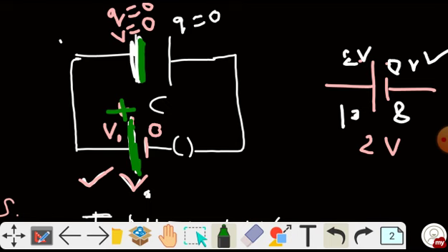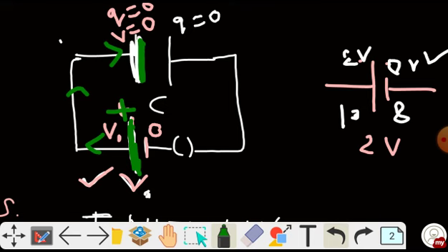That's why charge will flow from this terminal of the battery towards this plate. So now you must have understood why there is a flow of charge, and why this capacitor will get charged when we connect it with a battery, a source of EMF, a source of charge.